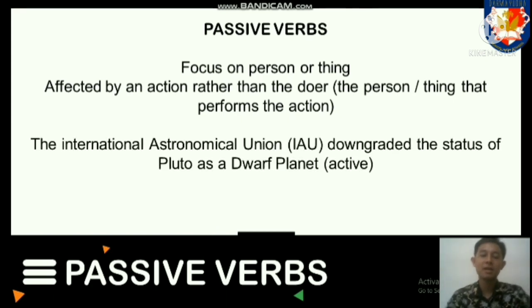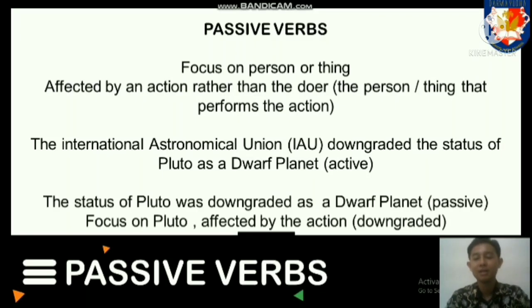Okay, and the next one here, guys, I'm gonna show you some examples of active and passive. It's just gonna be a little bit of talking about active voice or active verbs, so that you can know the difference between them. So you see here, I'm gonna read it for you. The International Astronomical Union downgraded the status of Pluto as a dwarf planet.